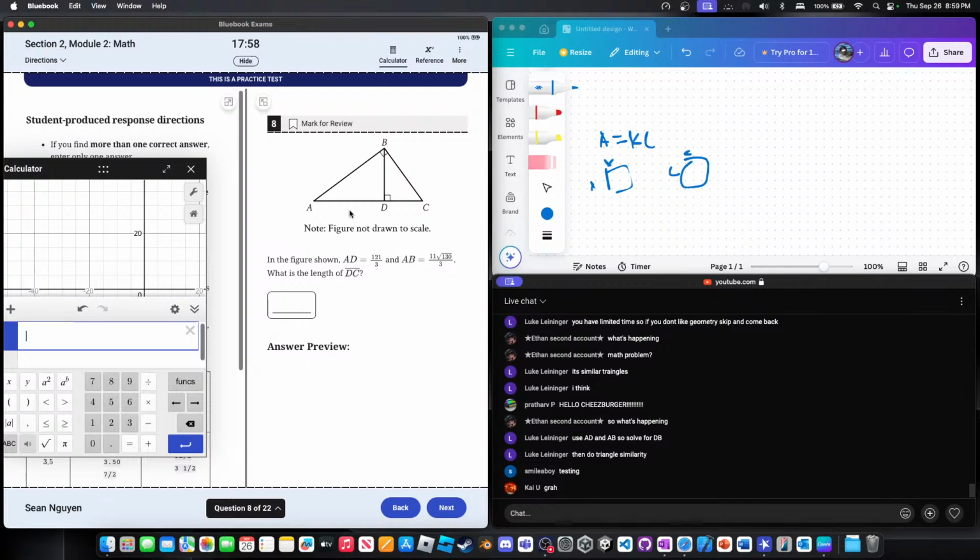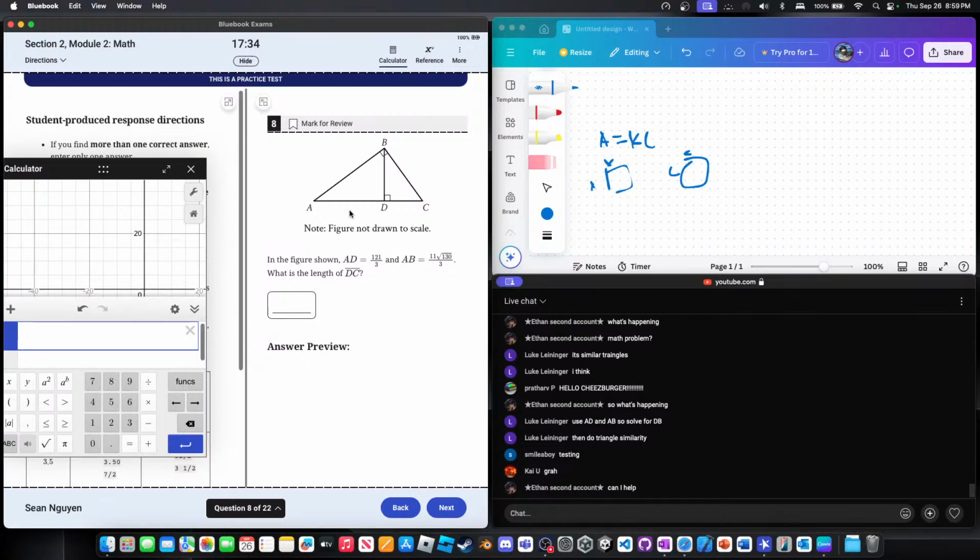I noticed they actually kept the denominator for AD is equal to 121 over 3. That may be a hint here. That'd be great.